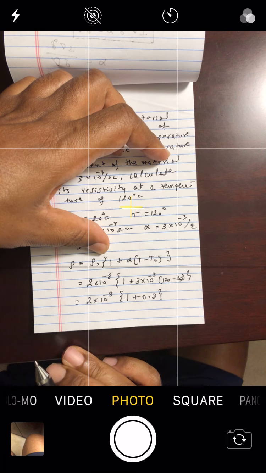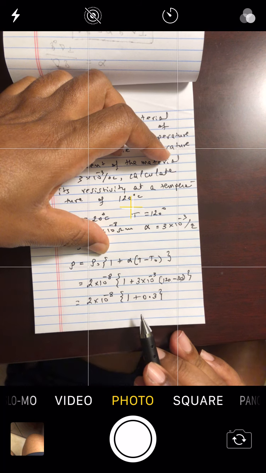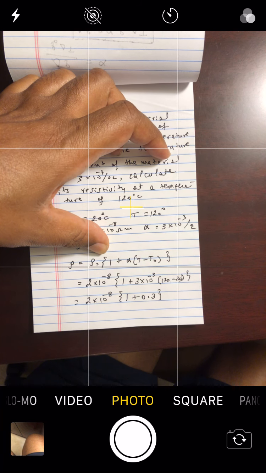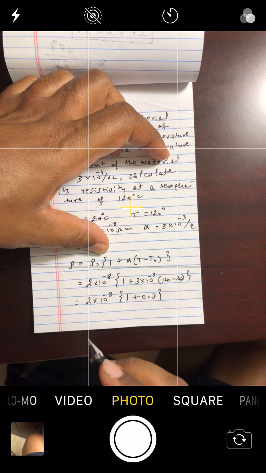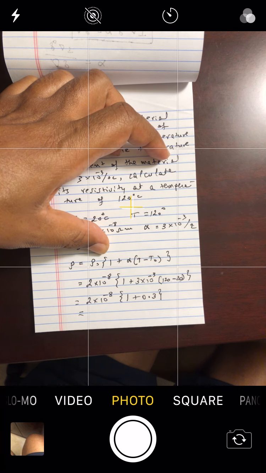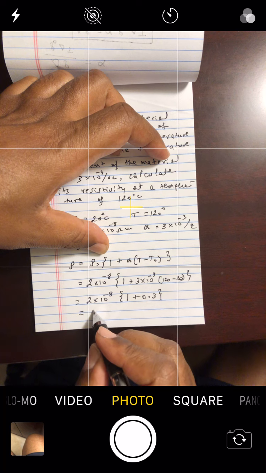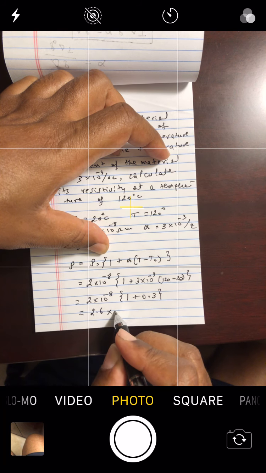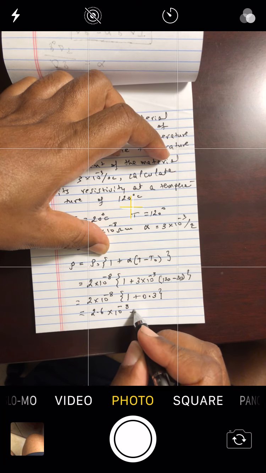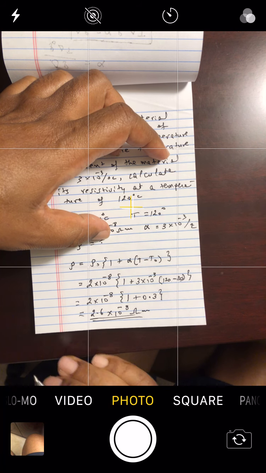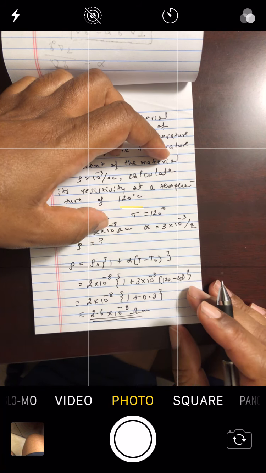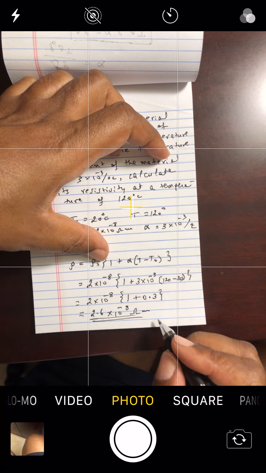So it is 1.3 times this resistivity, and that'll be 2.6 times 10 to the power of -8 ohm meter. So its resistivity will increase from 2 to 2.6 when the temperature changes by 100 degrees centigrade.